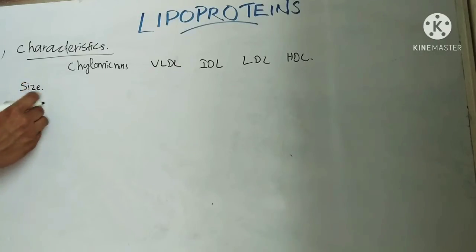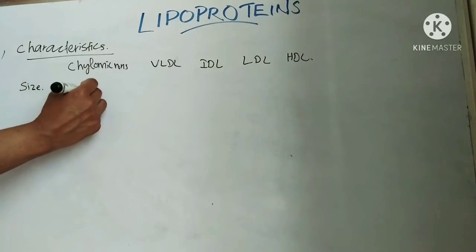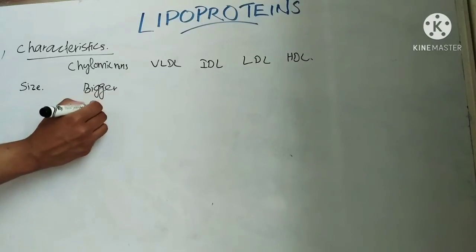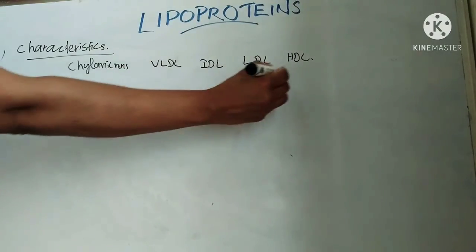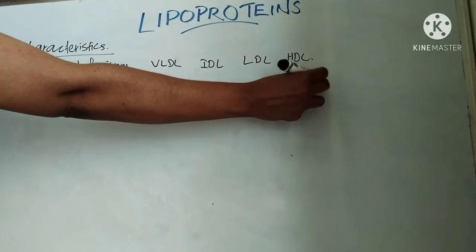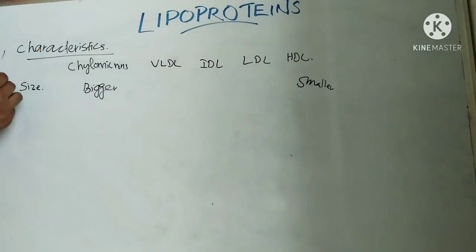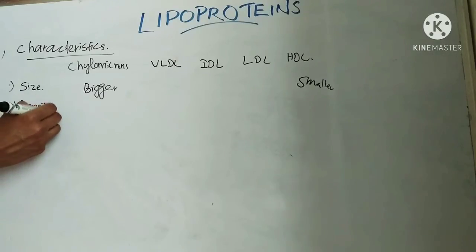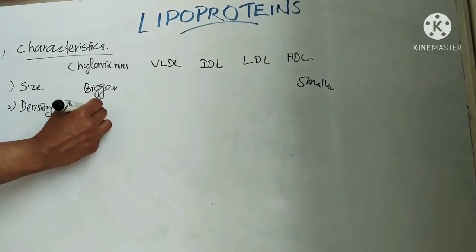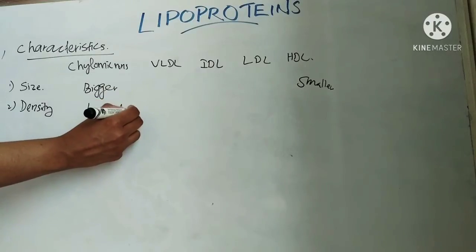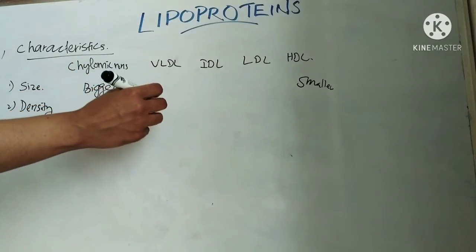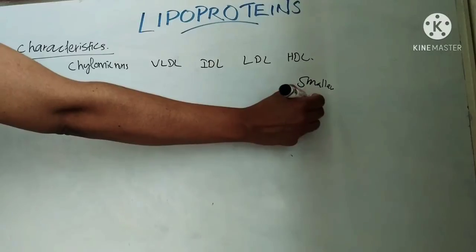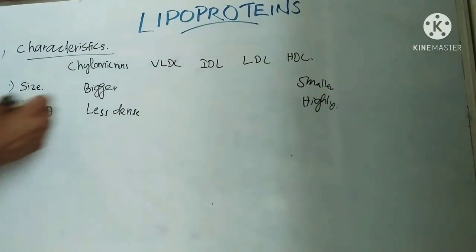If we consider size, chylomicrons are bigger in size and HDL is smaller in size. Then density: chylomicrons are less dense. HDL is highly dense.